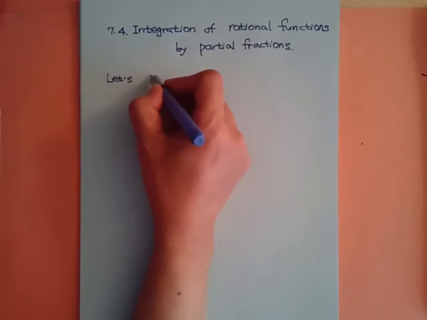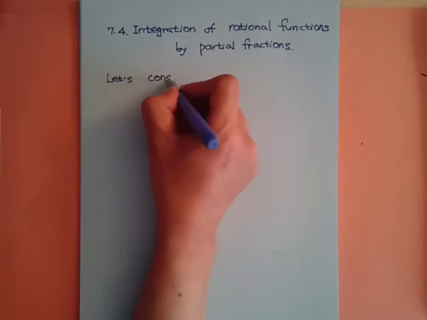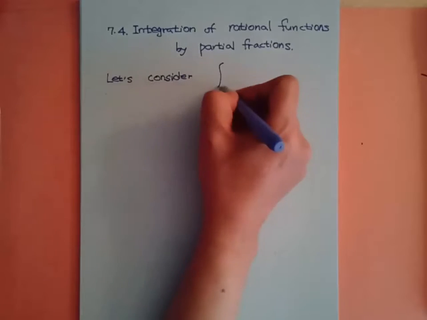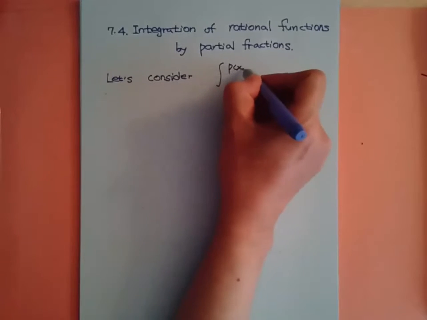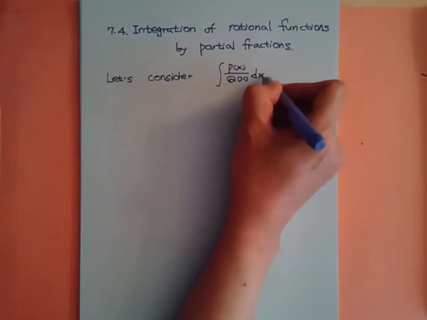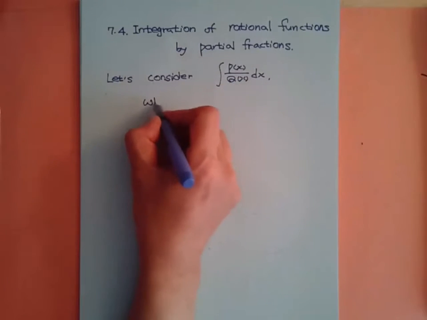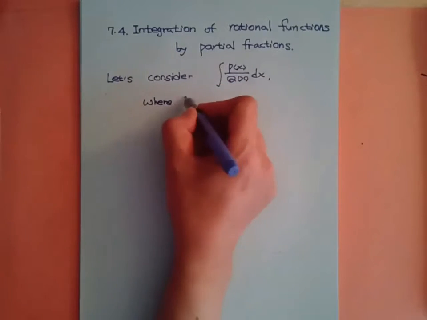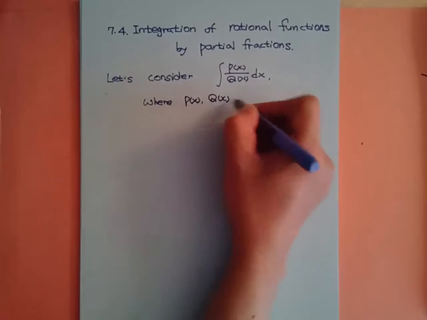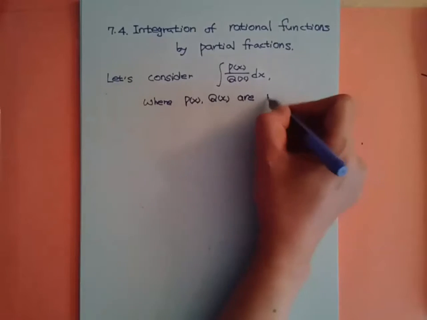What we will consider in this section will be rational function. Consider integration p of x over q of x dx, where p of x and q of x are polynomials.